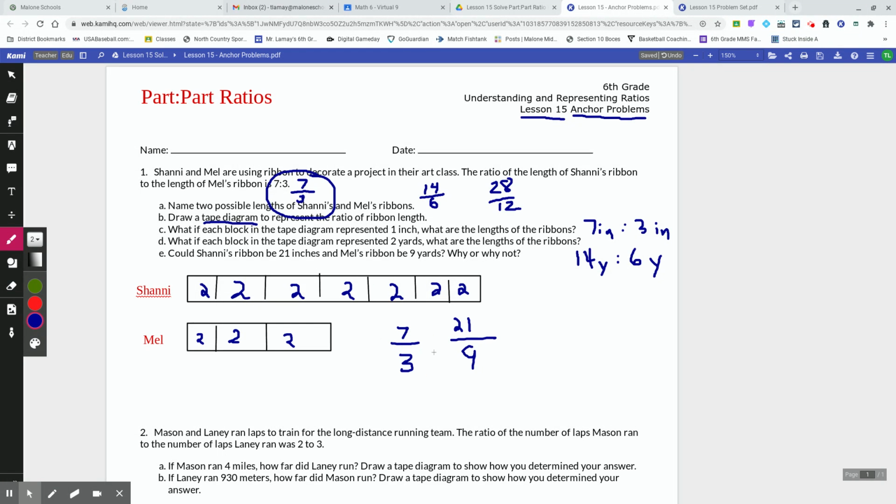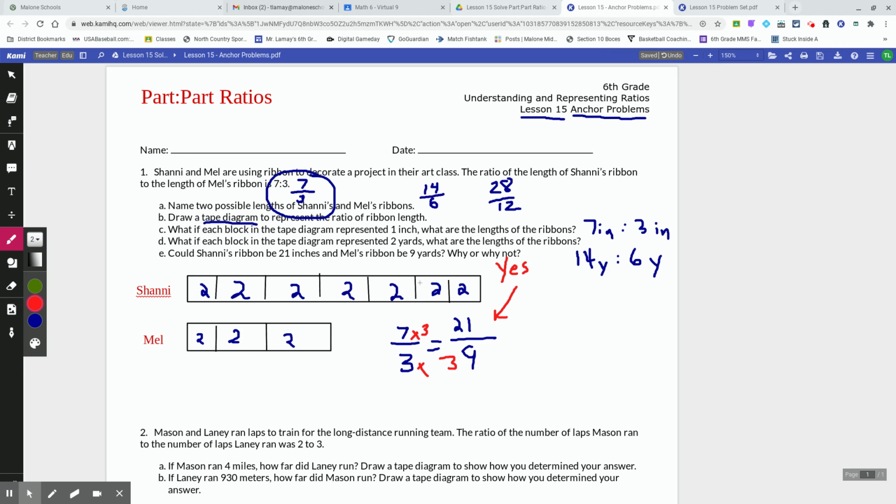Remember, they're equal if we can multiply them both by the same number. So we know that 7 times 3 is 21, and 3 times 3 is 9. So therefore, could they be? We're going to say this is a yes, and our why or why not would be our work down here.